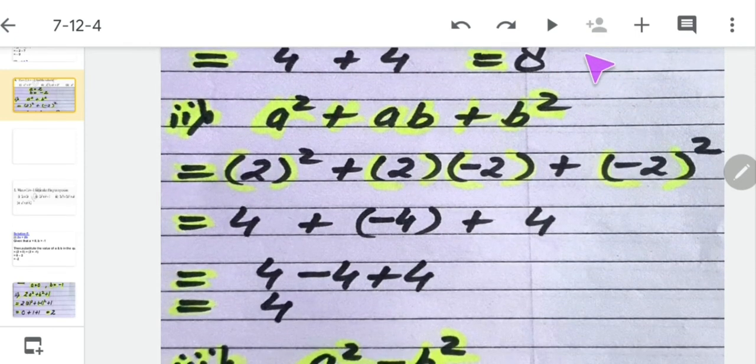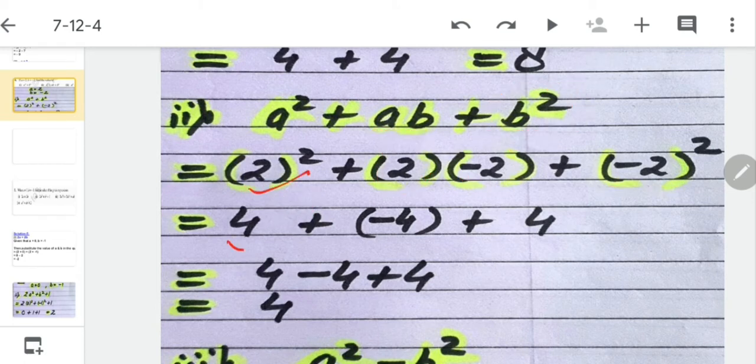Now the second part is a square plus ab plus b square. So a has value 2, so we have to put 2 in place of a. Then ab means a is multiplying with b, so we put the value 2 and -2, which is the value of b. So here 2 will be multiplied with -2. Now the next is -2 to the power 2.